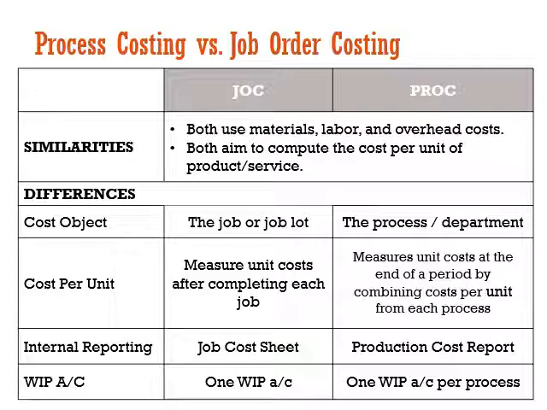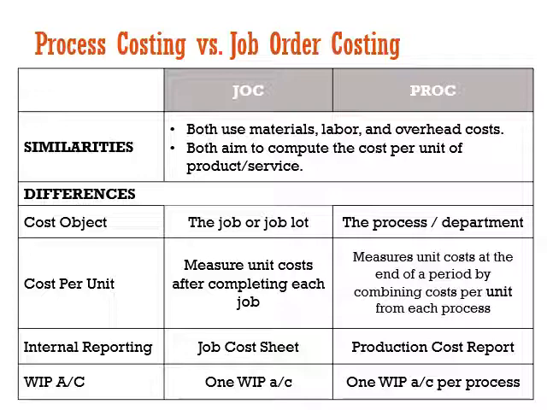For differences, there are a few. In terms of the cost object, that is the object that becomes the aim for calculating cost. For job order costing, the cost object is a job or job lot. On the other hand, in process costing, the cost object is the process or a department where a process or processes take place.